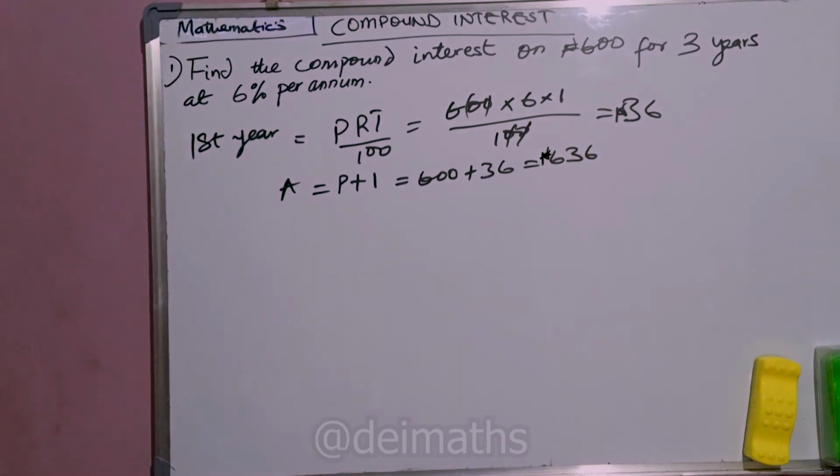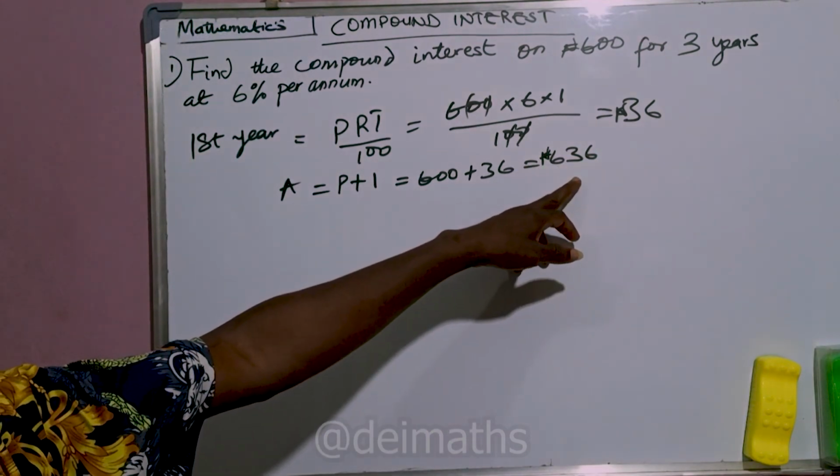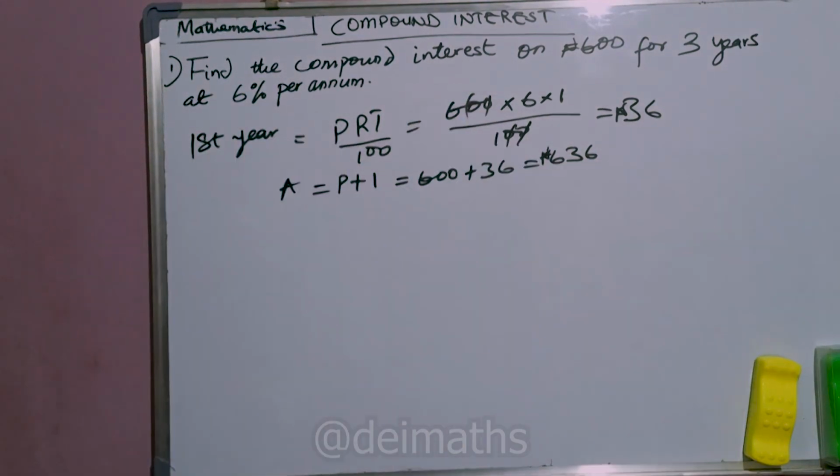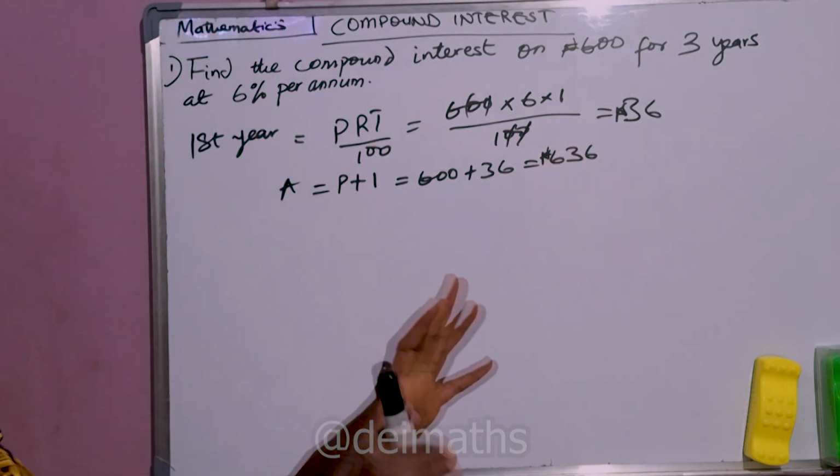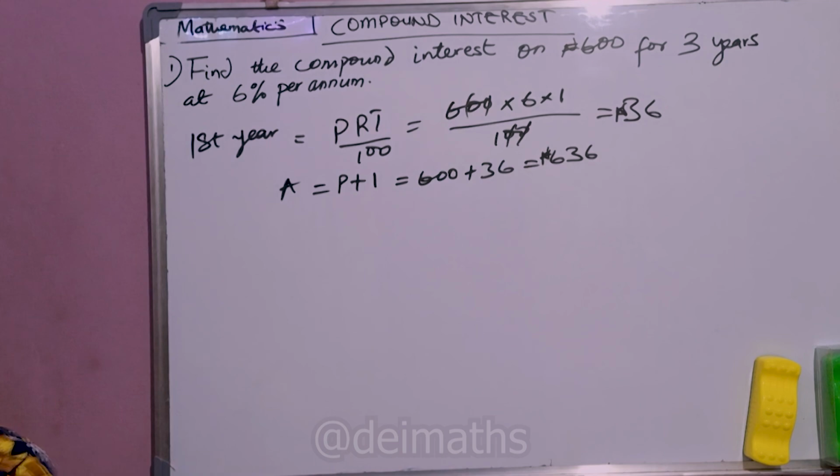This amount that we obtain after the first year becomes our principal for the second year.